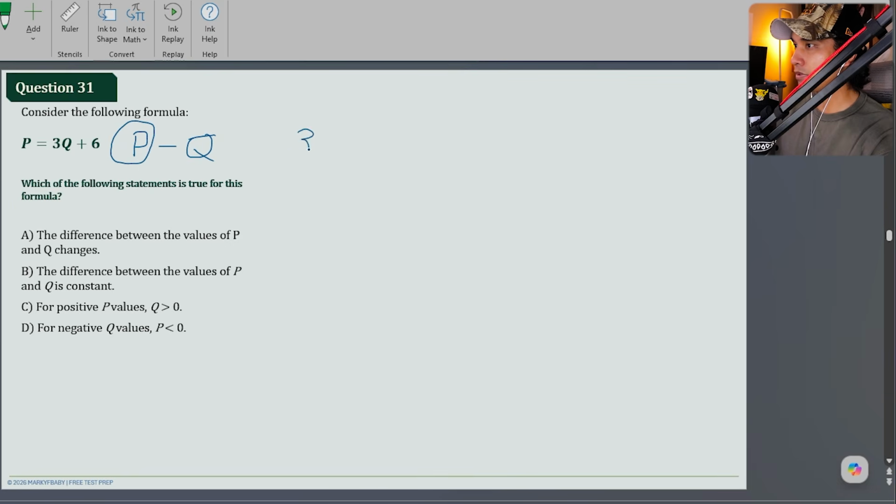So 3Q plus 6, minus Q. And then we're going to get 3Q, or I'm sorry, we're not going to get 3Q. We're going to get 2Q because 3Q combined with minus Q is 2Q plus 6.